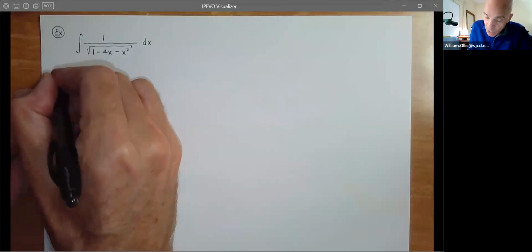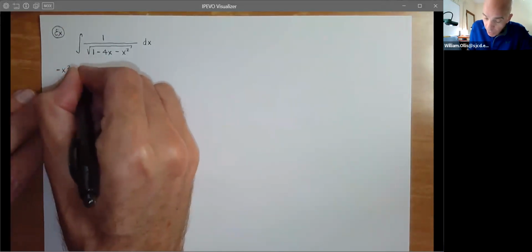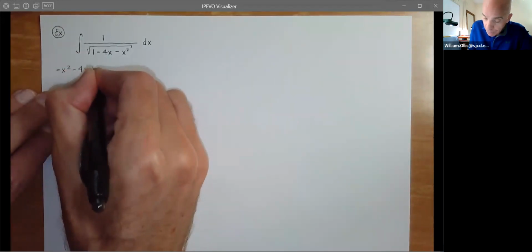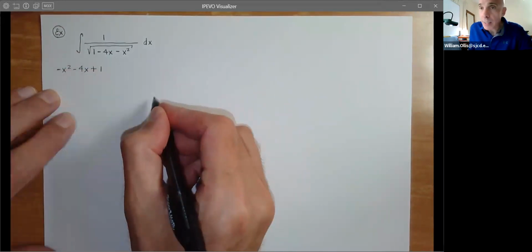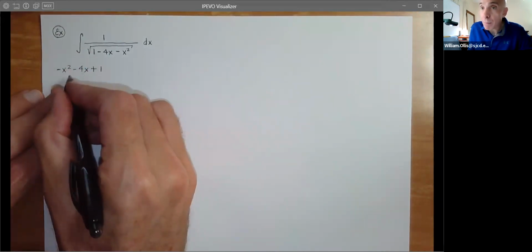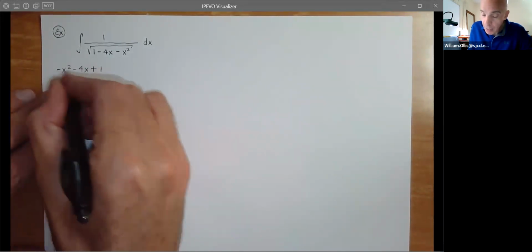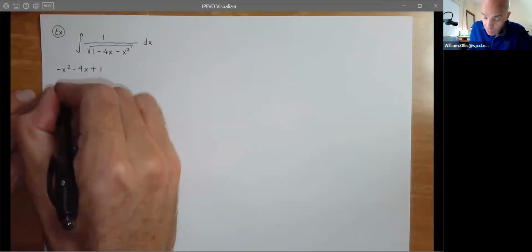So first, let's notice we have negative x squared minus 4x plus 1. And just like you learned in pre-calculus, in order to complete the square, you need a monic polynomial. That is, the leading coefficient needs to be 1. So we're going to factor the negative from the first two terms, just like you did in pre-cal.